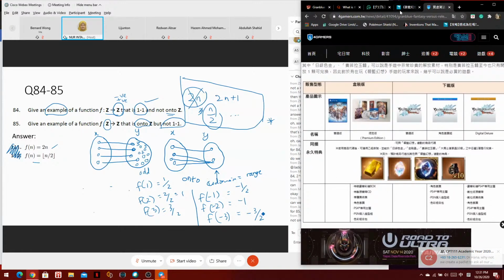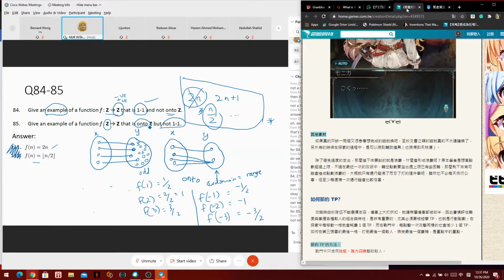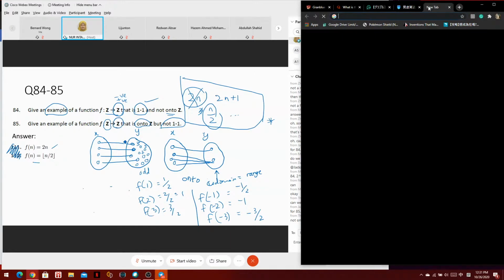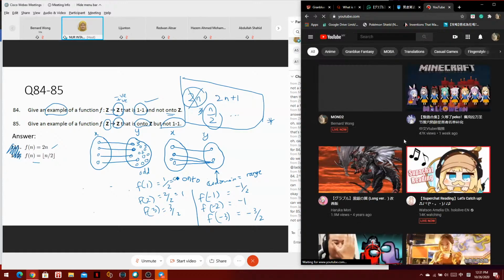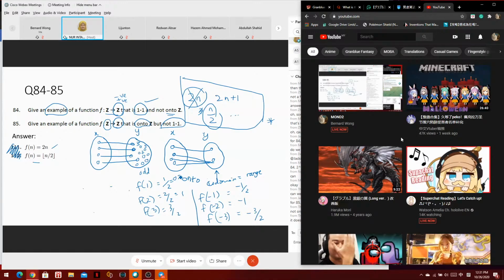But these also do not fulfill the requirement because Z is the integers, which do not include decimal numbers or fractions. This one is a fraction.